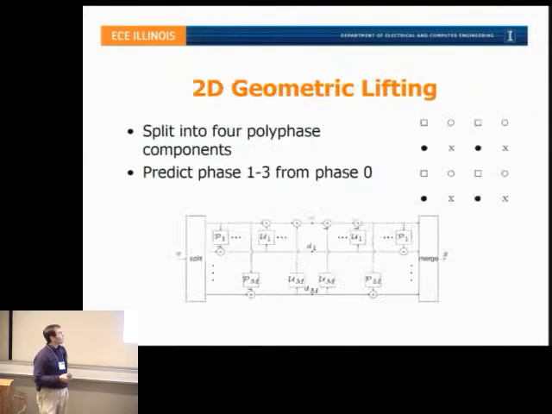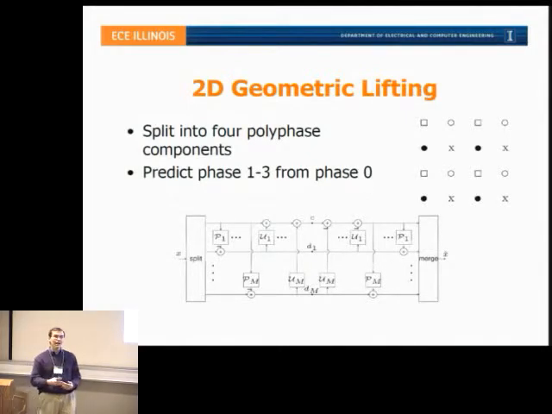So what can we do with this? Let's start by trying to do direct two-dimensional filters instead of designing one-dimensional filters. So how would we go about doing that? First, instead of splitting into the evens and the odds, we need to split into 4 different polyphases, which I show by the square, the 2 circles, and the X in the upper diagram.